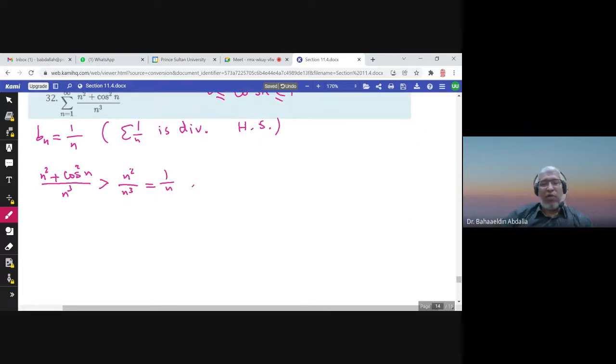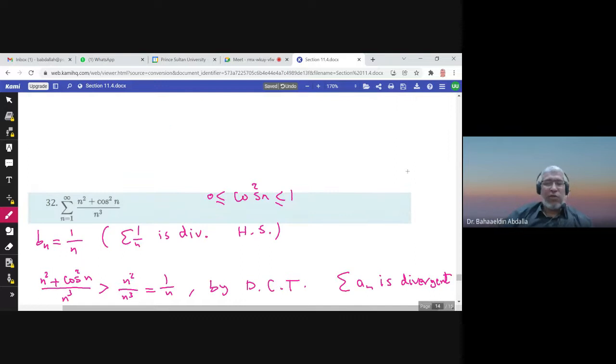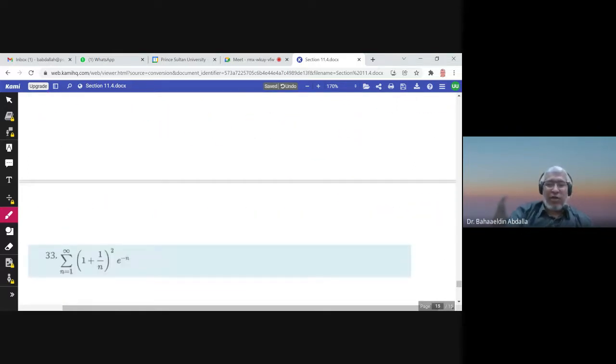So I can use the direct comparison test. It's greater than 1 over n, summation 1 over n is divergent. So summation an is divergent using the direct comparison test.